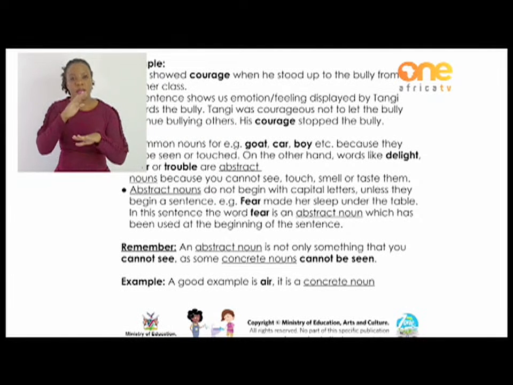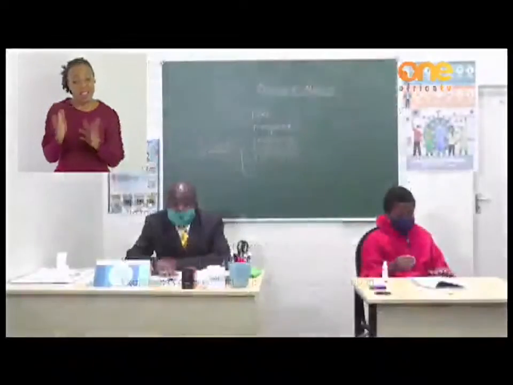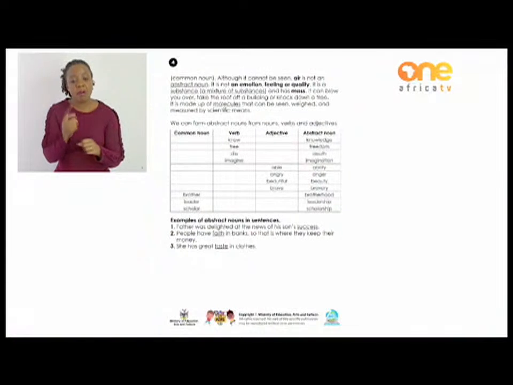A good example is air. It is a concrete noun or a common noun. Although it cannot be seen, air is not an abstract noun. It is not an emotion. It is not a feeling or a quality.